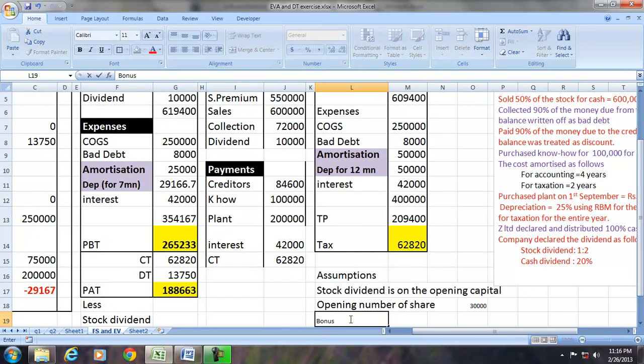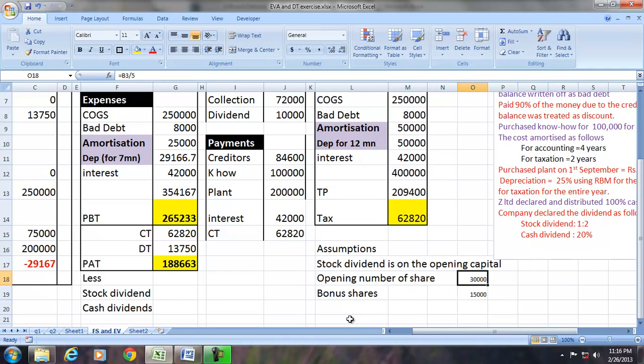So bonus shares are issued in the ratio of 1:2, so therefore divided by 2. The face value of these shares is 5. So 150,000 is the original capital, and the new issue of bonus is 15,000 shares, so therefore 75,000.